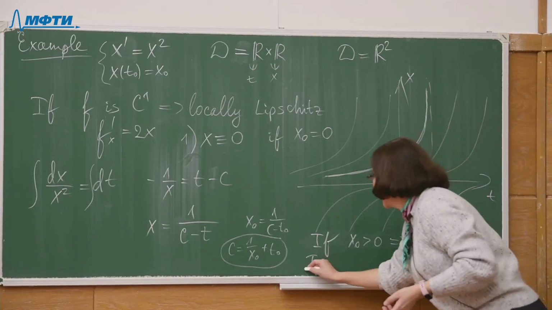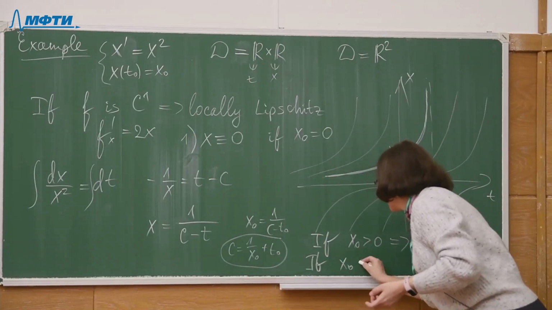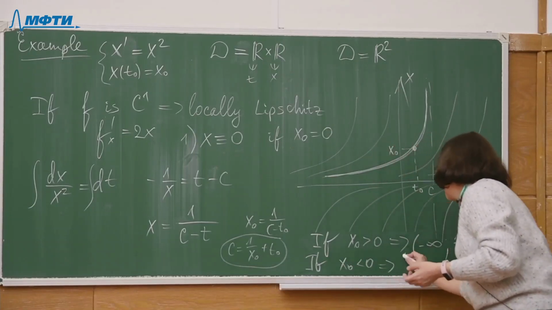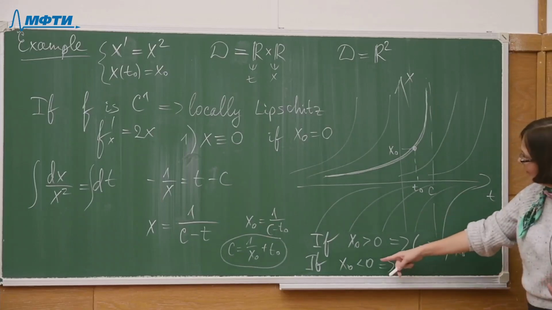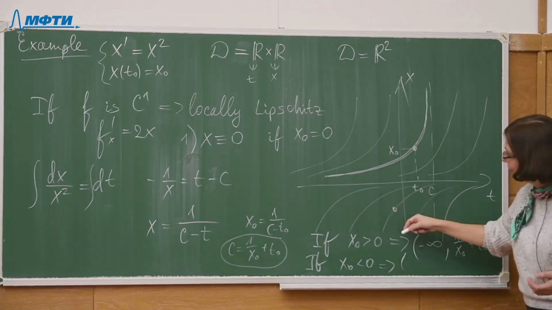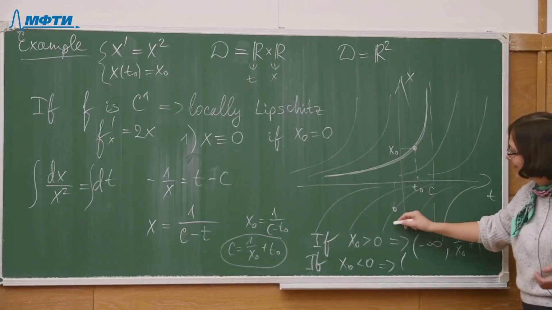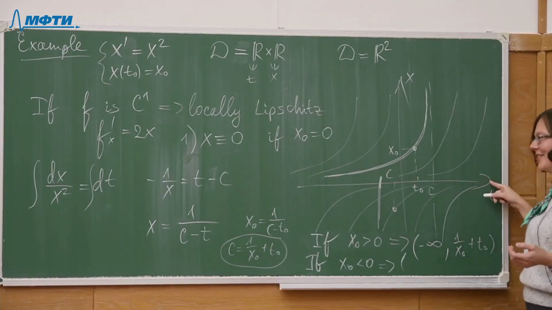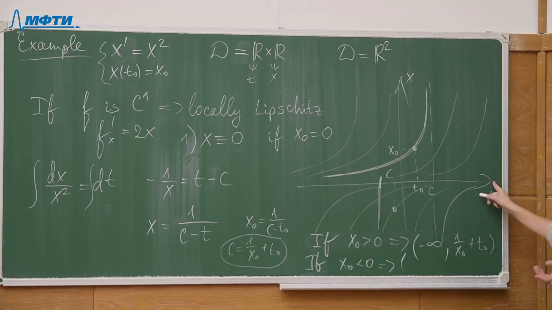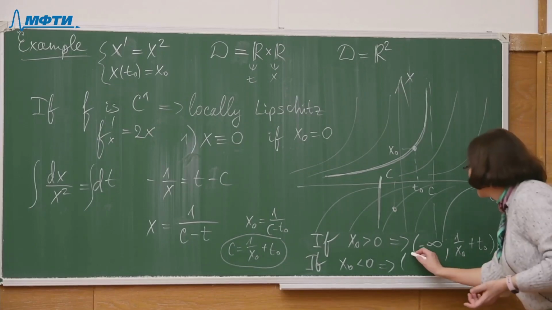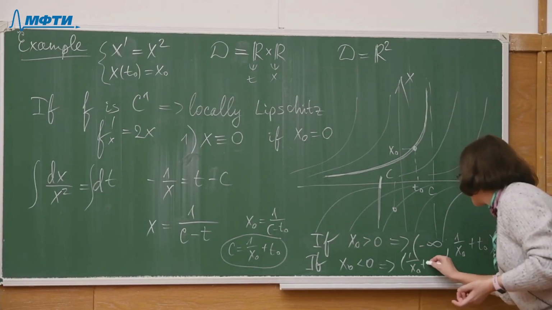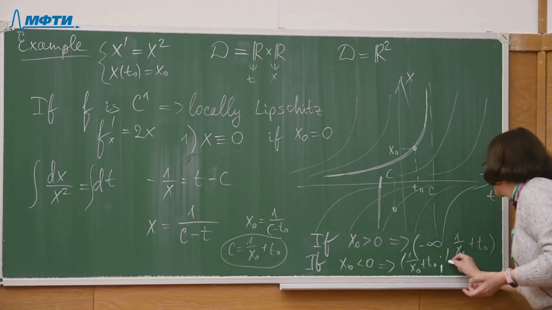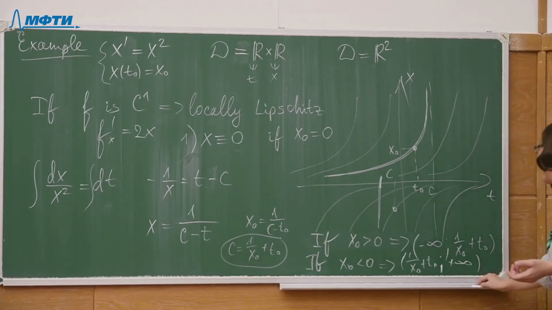And if x0 is negative, then the interval starts from c to positive infinity, so from 1 over x0 plus t0 to positive infinity. So this is the answer.